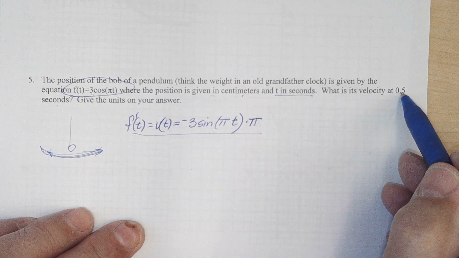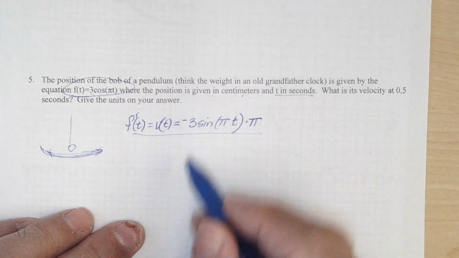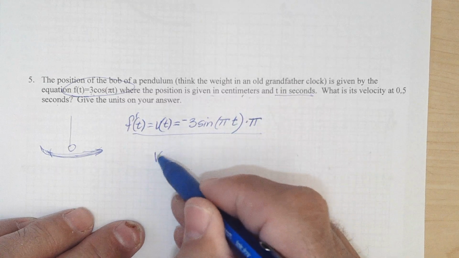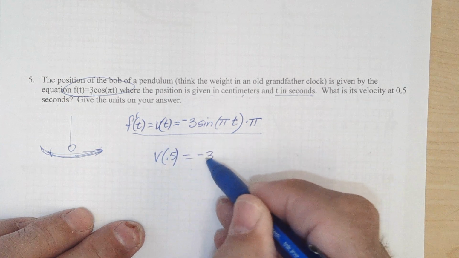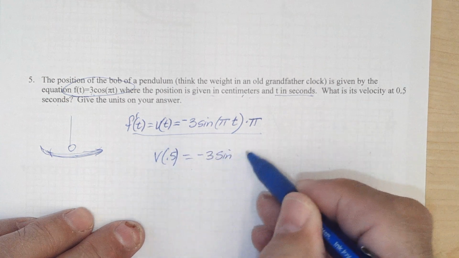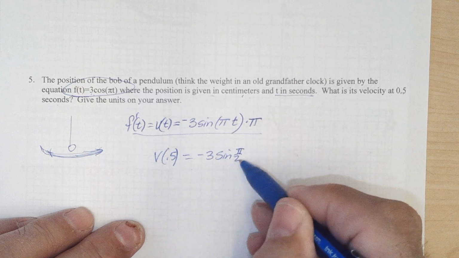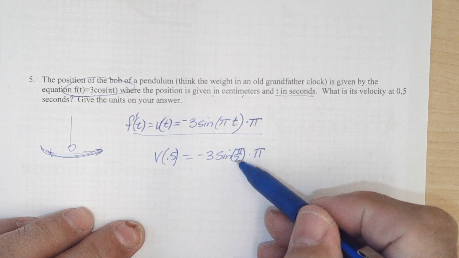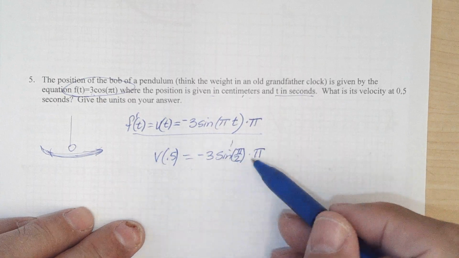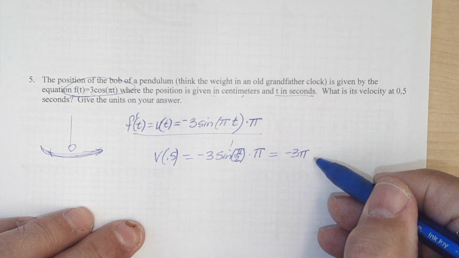And what's the velocity at 0.5 seconds? So now I put 0.5 in there. It is negative 3 sine of 0.5 times pi, which is pi over 2, times pi. Sine of pi over 2 is 1, so I get negative 3 pi.